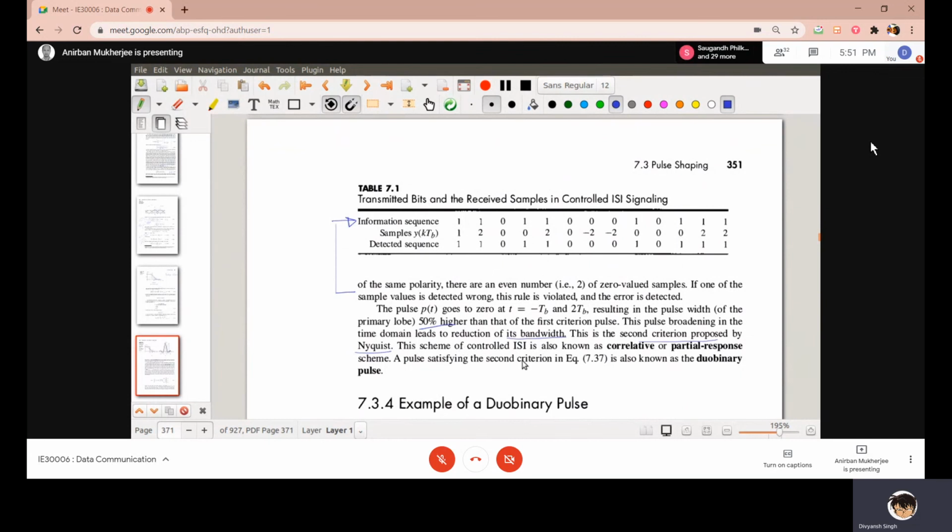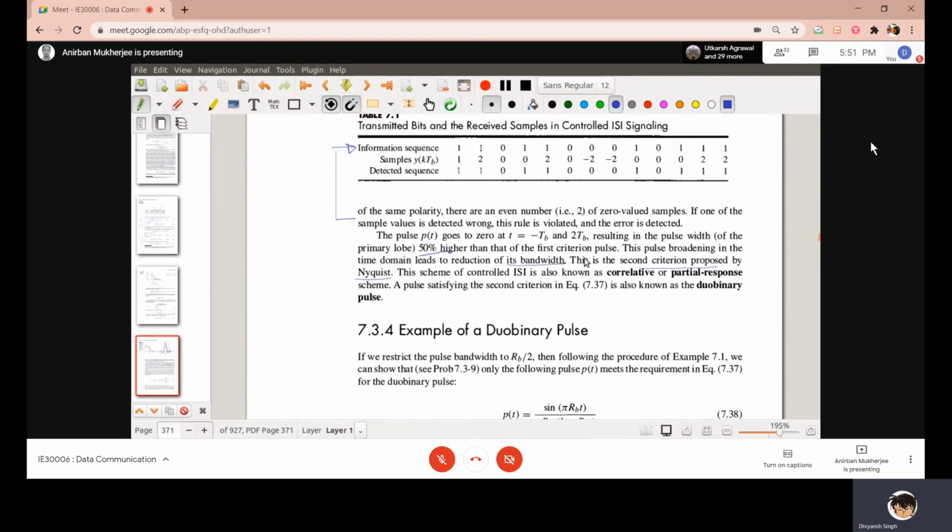But the ISI is controlled, and this is called the correlative or partial response scheme.